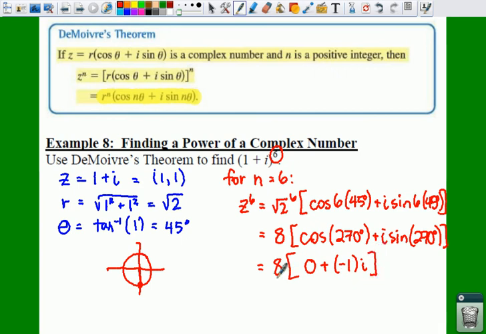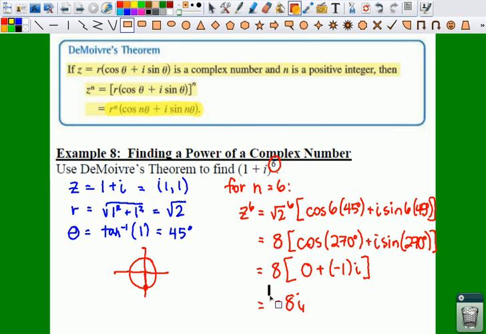So 0 times 8 is 0. 8 times negative i is just negative 8i. So that is the solution of finding the 6th power of 1 plus i using DeMoivre's theorem.